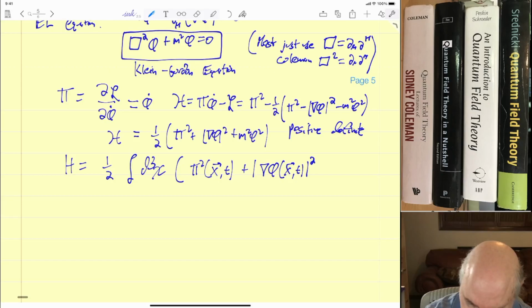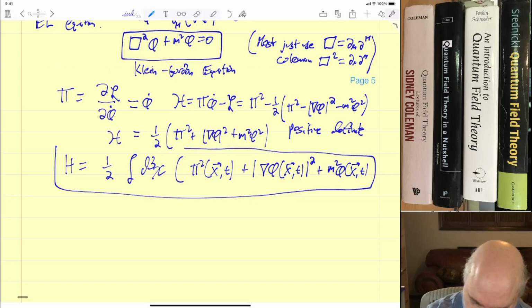I guess when it's complex, it would be del phi star dot del phi. Maybe that's why they use it. So this is our Hamiltonian, our Hamiltonian density.